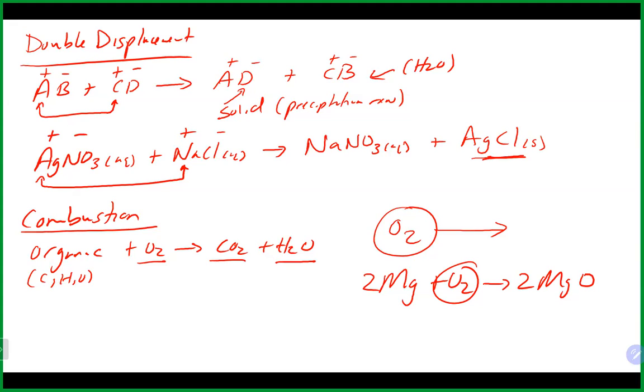But most people, when they talk about combustion reactions, mean the organic combustion, where you have O2 on the left, and CO2 and water are always the products that are formed in a combustion reaction that involves an organic compound. There are multiple ways you can classify the same reaction depending on what you're looking at, but these are the big categories that I think are in your lab there. Any questions on that? Okay, so we'll leave that up there. Hopefully that'll be helpful for your lab this week.